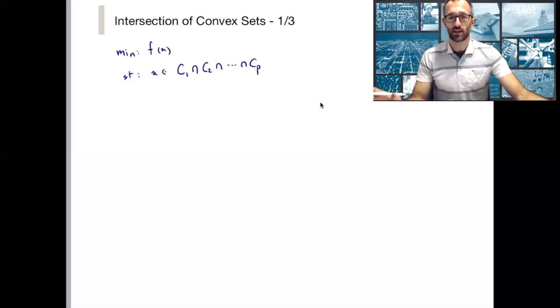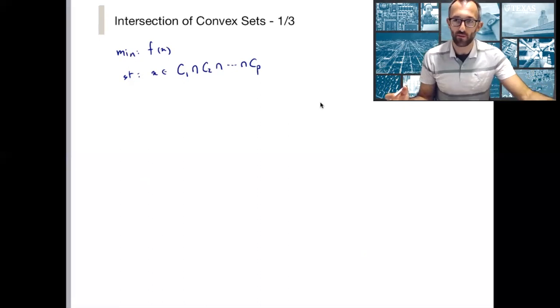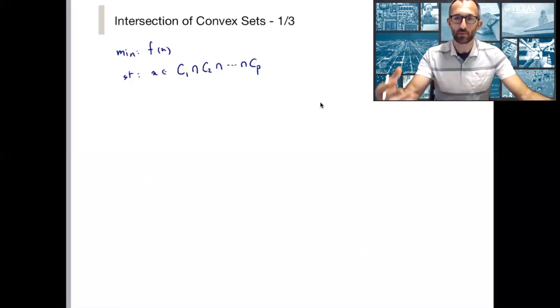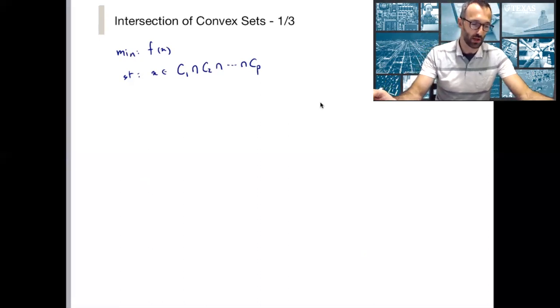Part of the exercise that I want to do here is getting practice of seeing how this naturally fits into the framework that we've been discussing. So that when you have types of problems like this, you should naturally consider dual algorithms as a candidate approach to what you're trying to solve.